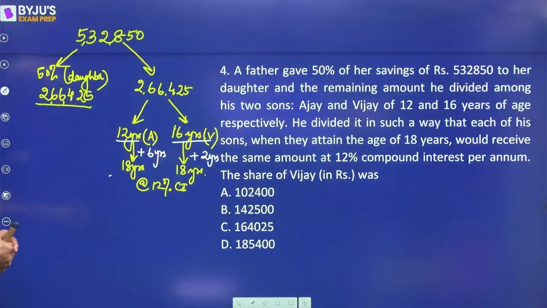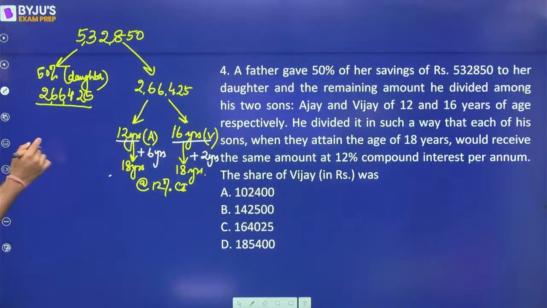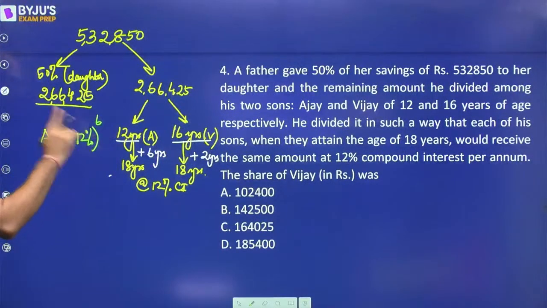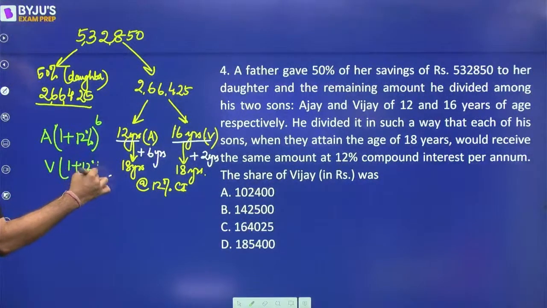So if I write down the equation for this, ठीक है, दो इसका जरूरत नहीं है, but if you want to understand, so I'm saying अजय को इतने पैसे दिए जो कि 6 years पे at 12% per annum इतना हो जाएगा. And whatever amount is given to Vijay, his amount at 12% per annum in just 2 years will become this much.